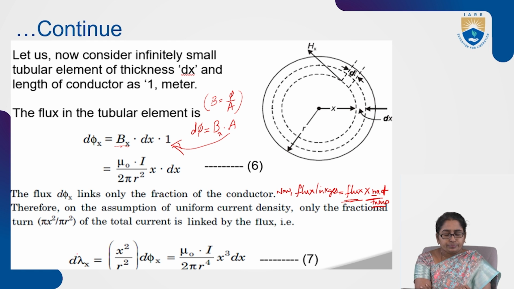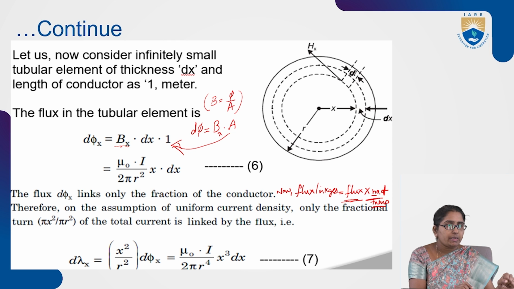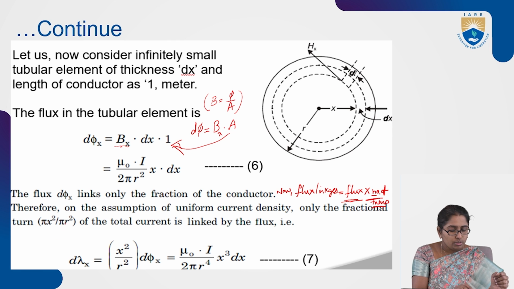Now the flux d phi links with only a fraction of the conductor, a small fraction, that is, the flux with respect to a small part of the conductor. Now we want to write that for the total conductor. On the assumption of uniform current density, only the fractional term pi x square by pi r square of the total current is linked.